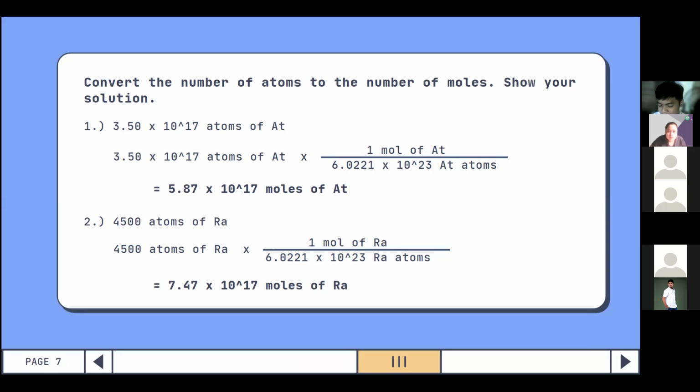Number 2, given is 4,500 atoms of radium. Solution: 4,500 atoms of radium multiplied by 1 mole of radium over Avogadro's number 6.0221 times 10 to the power of 23 radium atoms equals 7.47 times 10 to the power of 17 moles of radium.